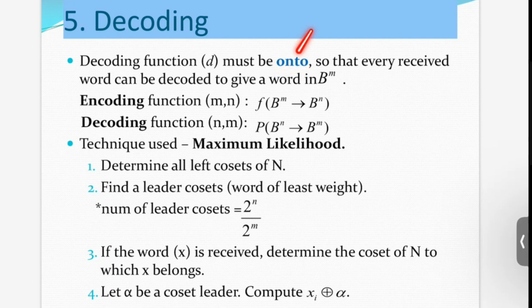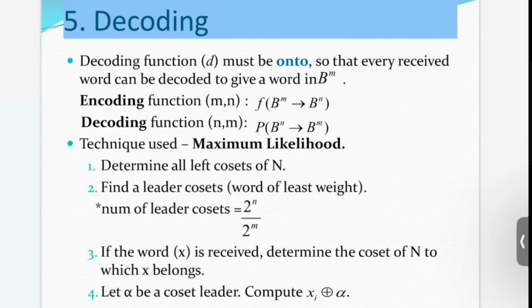Do you still remember the definition of onto that we learned in chapter 3? The function is one to one and onto. So what is onto? Onto means that each element in the codomain is an image of the domain, or all elements on the right side are mapped from the left.